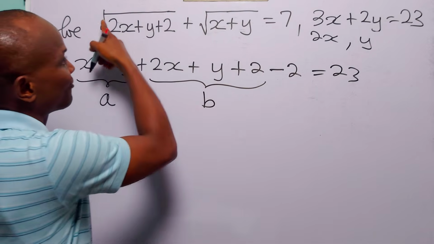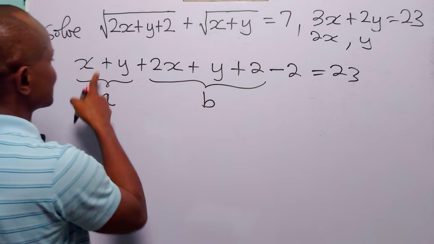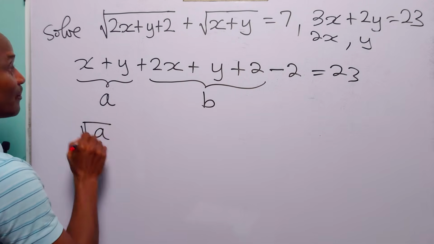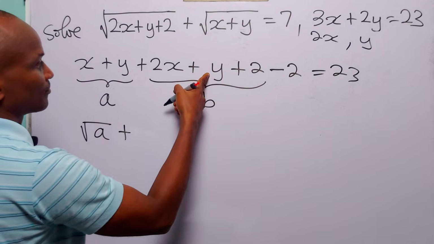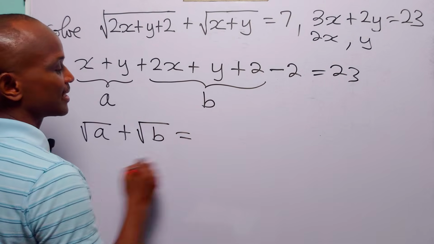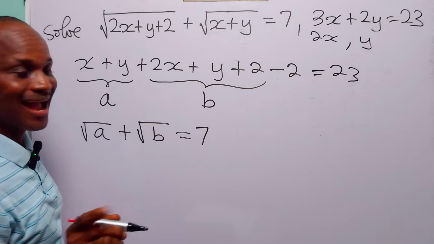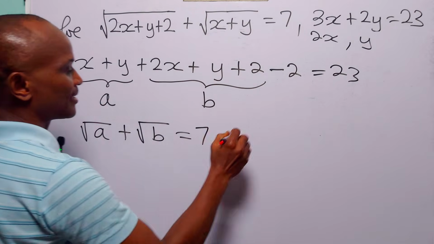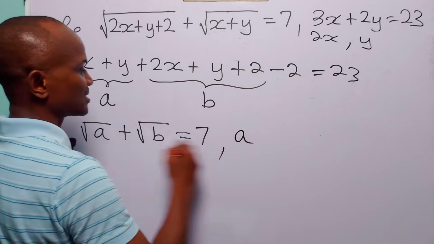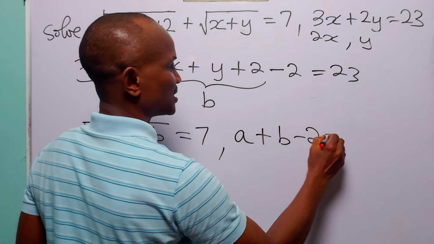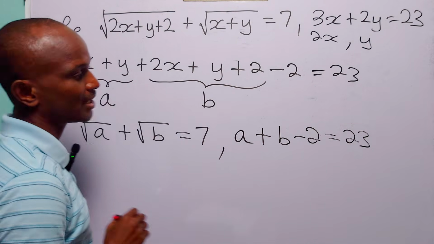Now this means that we can write the first equation as root a plus root b is equal to 7. And we can write the second equation as a plus b minus 2 is equal to 23.